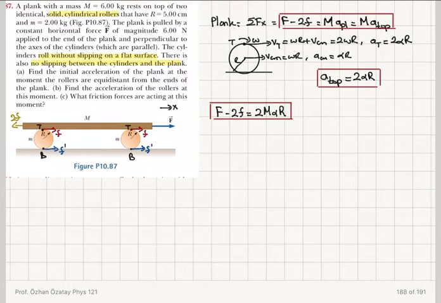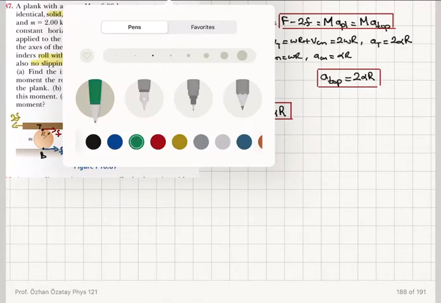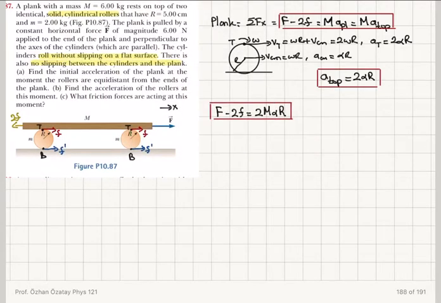Now I would like to get another equation that relates force of friction to alpha. And for that, because I have two unknown forces of friction, I would like to eliminate one of them. So I'm just going to look at the torque with respect to the bottom point, because there will be no contribution from the force of friction f prime for the torque around the bottom point. So torque with respect to point B. And what is that torque?